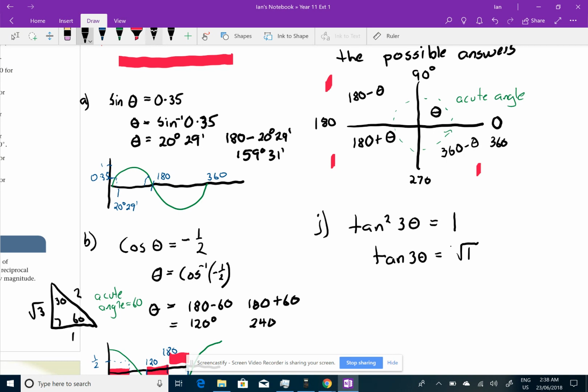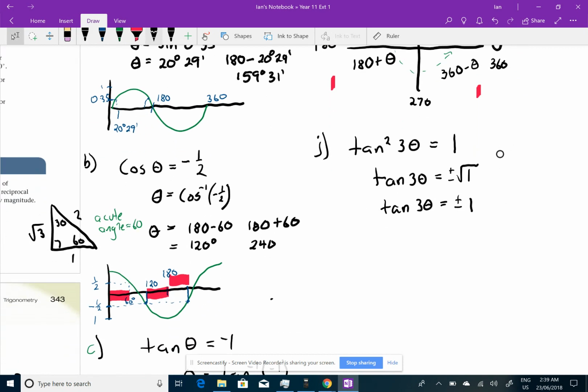But remember, when you do the square root, you get two possible answers: a positive and a negative. Tan 3 theta equals the square root of 1, which is just 1, so plus or minus 1.